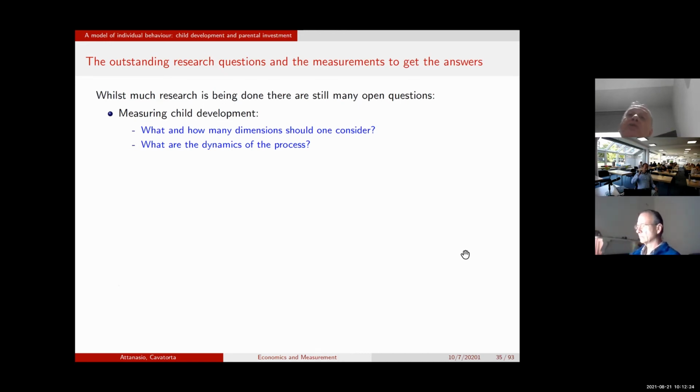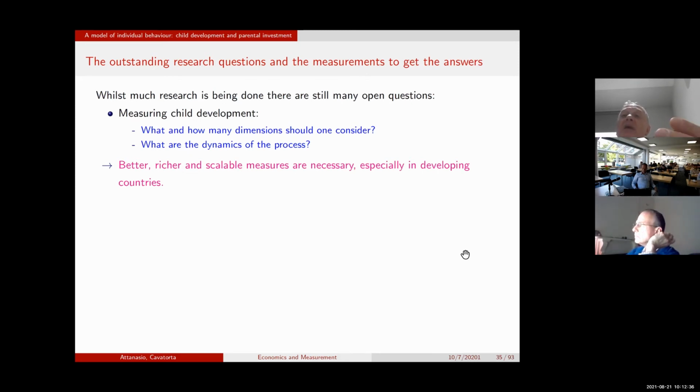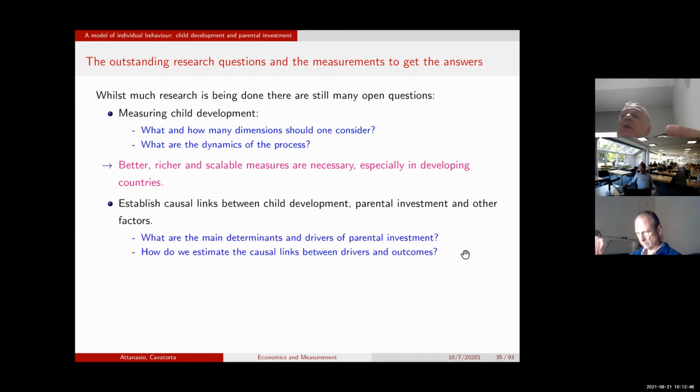So when you do child development, you want to know how many dimensions one considers, what are the dynamics of the person, and often you need richer and better and scalable measures. And the scalability is particularly important in developing countries because you need to get the quality of the interviewers that you have to collect the data as well.